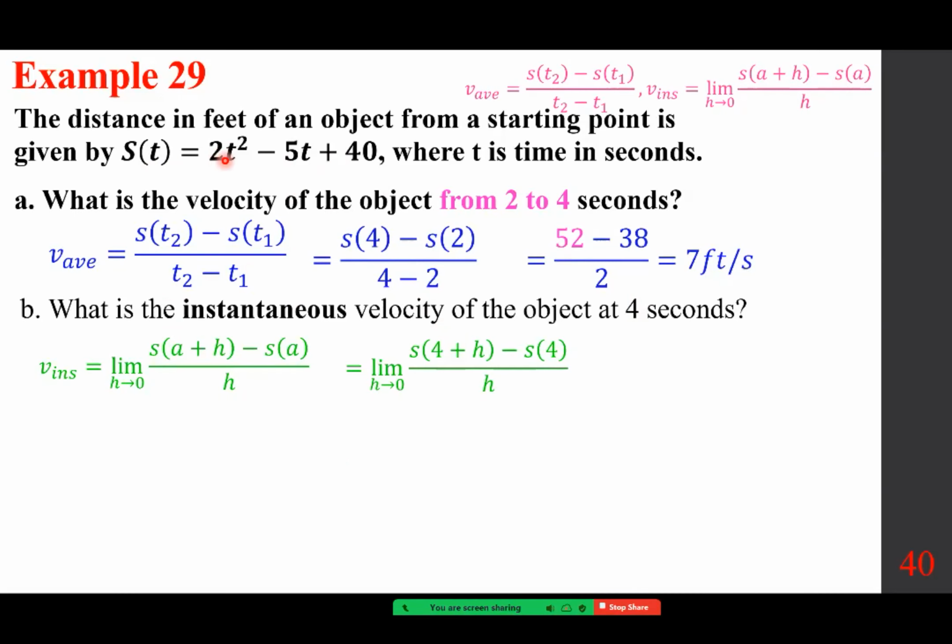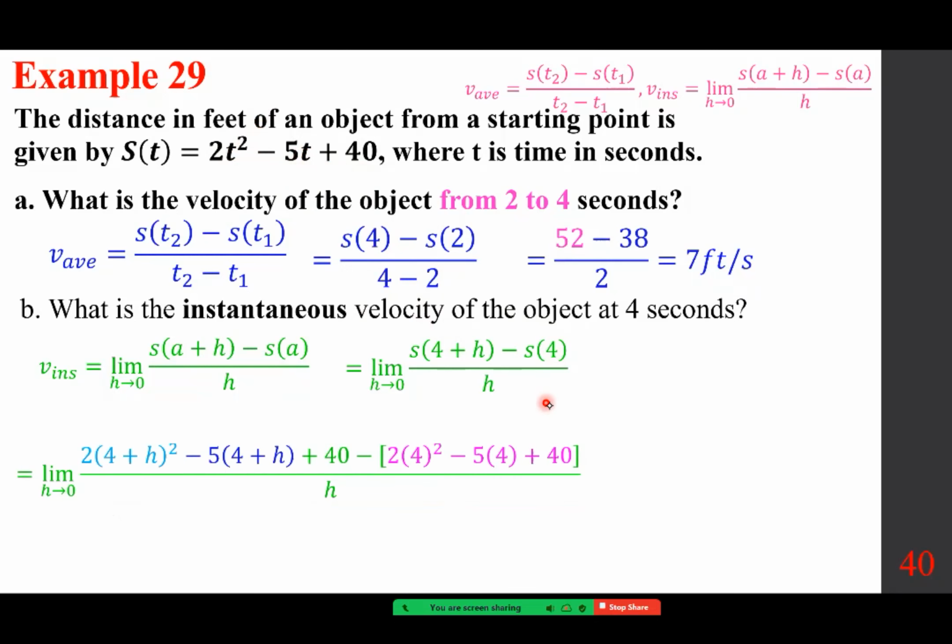So 2 times (4 plus h) squared minus 5 times (4 plus h) plus 4. I'm going to show you s of 4 means 2 times 4 squared minus 5 times 4 plus 4. That's the numerator. I'm not going to evaluate this. We already know it's 52. You can check it out.